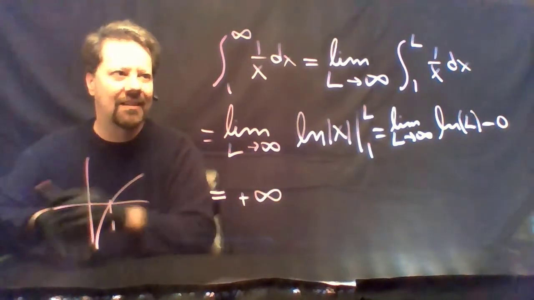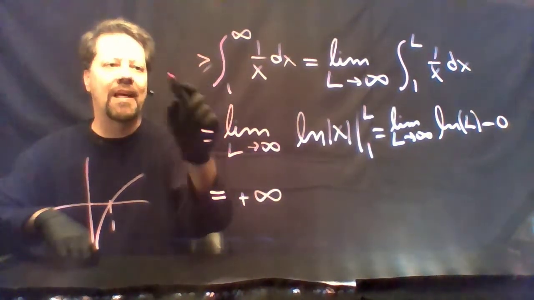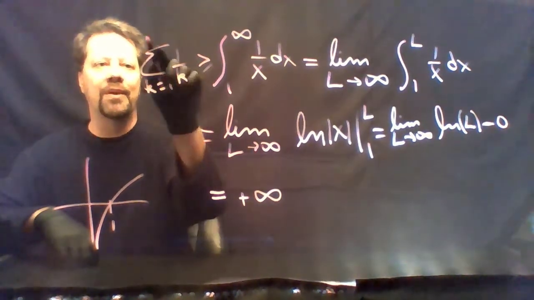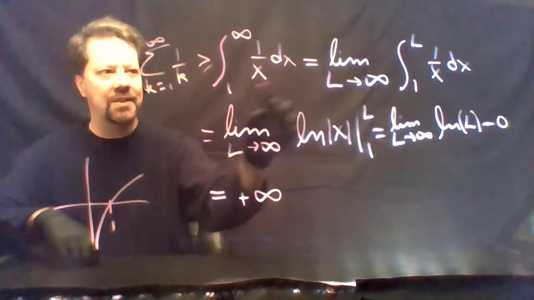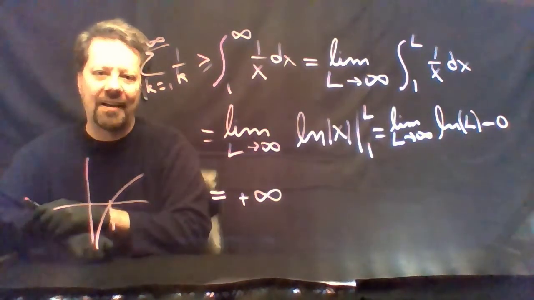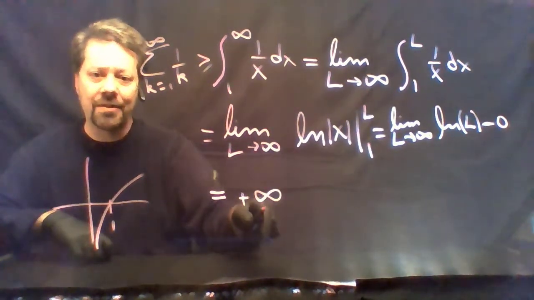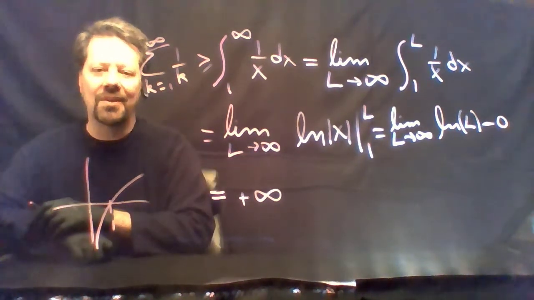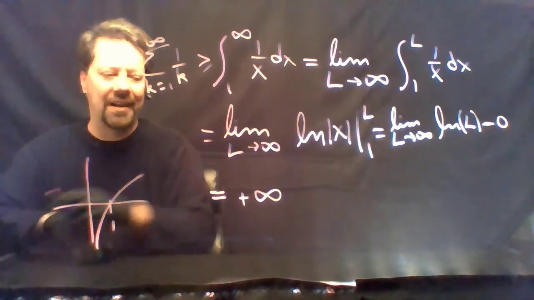Now keep in mind, we said that this was bigger than or equal to the sum of 1 over k, k goes from 1 to infinity. If the smaller value diverges to infinity, you see that the larger value must also diverge to infinity.